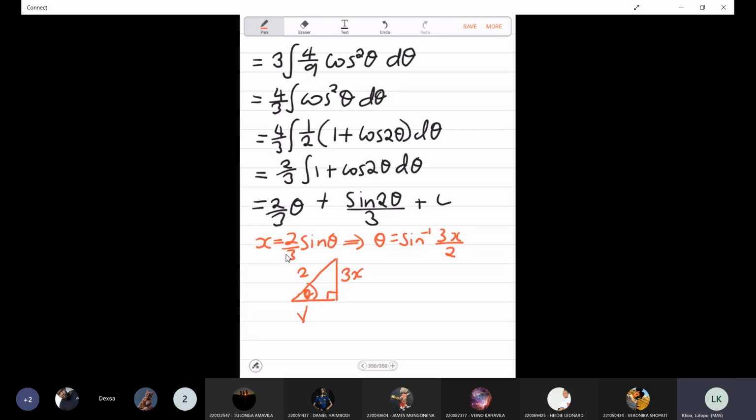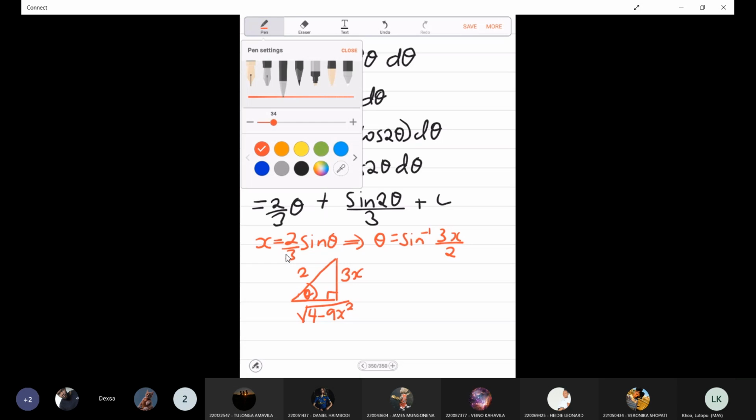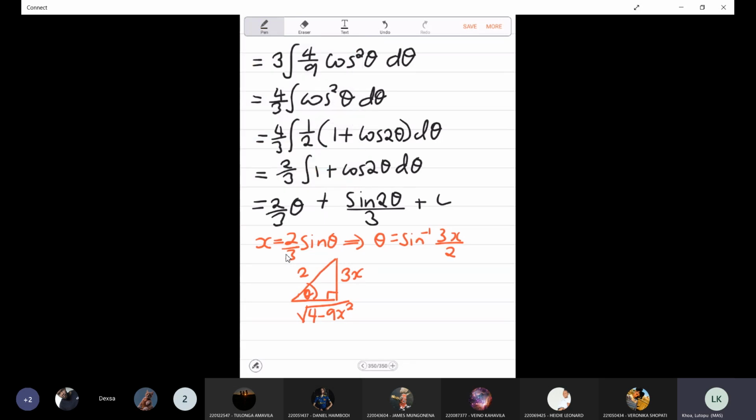Then we can work this one out as 4 minus 9x squared. Okay, then we just substitute thetas over there. So this is 2 over 3. And theta, we said, is sine inverse of 3x over 2.